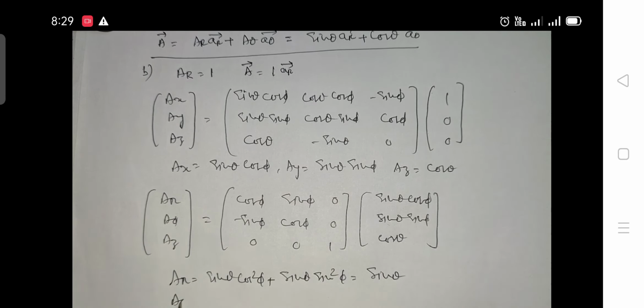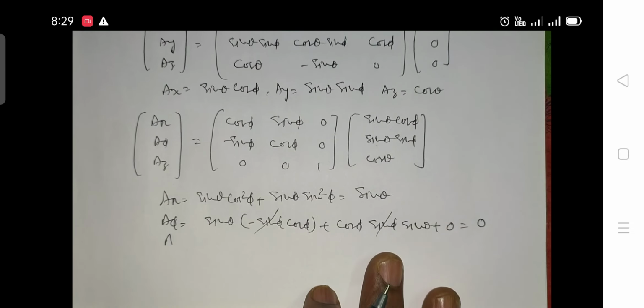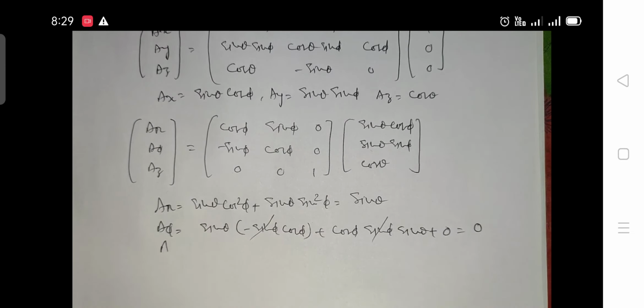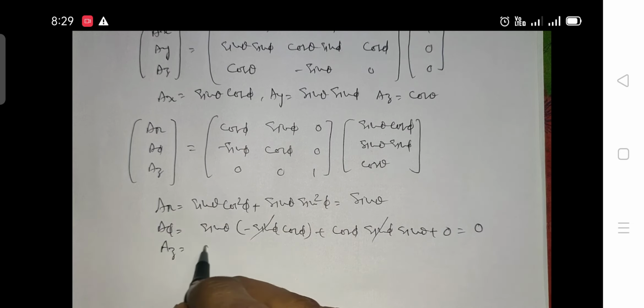And similarly, A phi is equal to sin theta into minus sin phi cos phi plus cos phi into sin phi into sin theta plus 0. So here these two will be cancelled each other and we get value of 0, and Az is equal to cos theta.